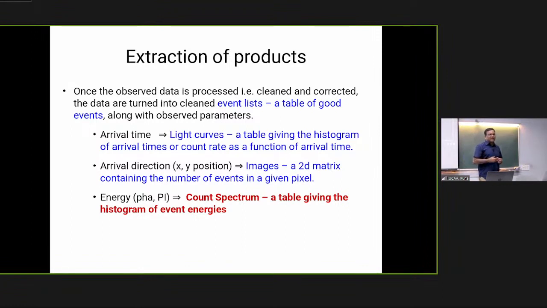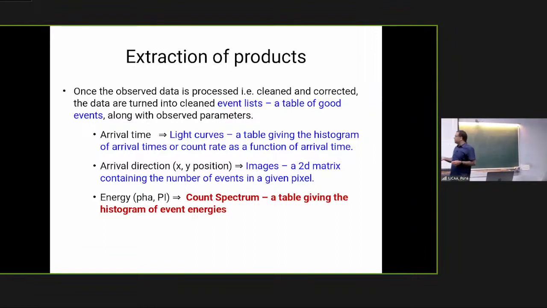I think you already generated a light curve from the event list. Is that correct? How did you do that? On a good time interval. Yes. So you have to use intervals which are scientifically accepted, the so-called good time intervals.